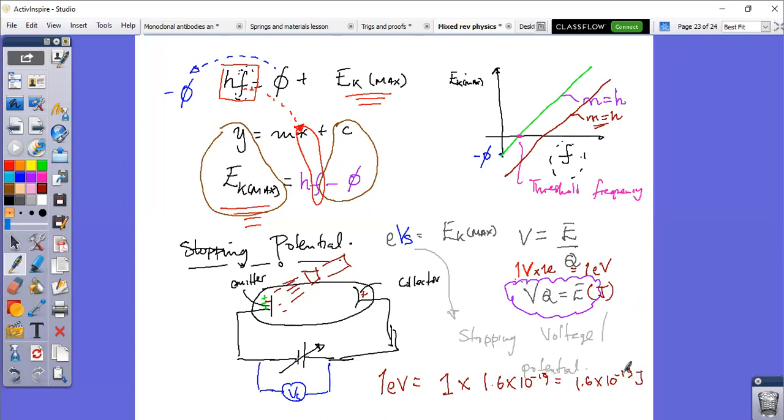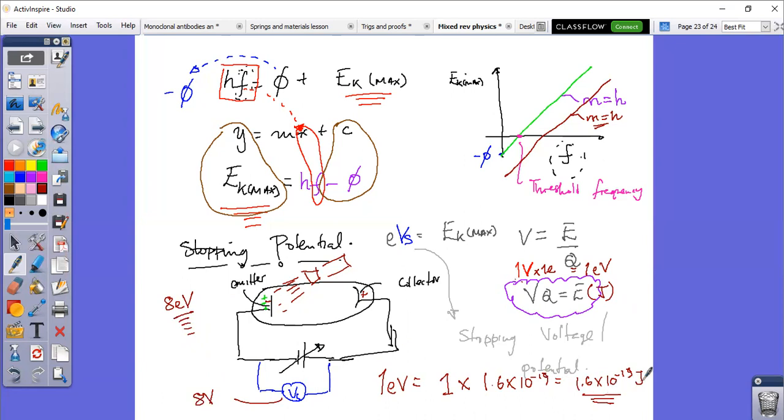Now it's very, very useful to simply note here that if we know what the stopping potential is, say it is 8 volts, then we know that the energy of the electrons will simply be 8 electron volts. That's why we use the electron volt as a unit. Much easier.